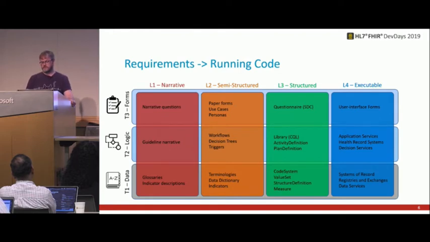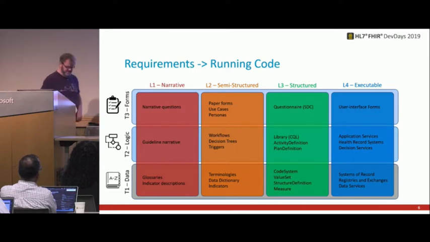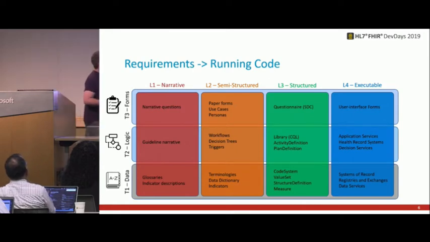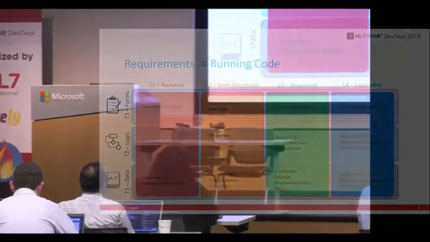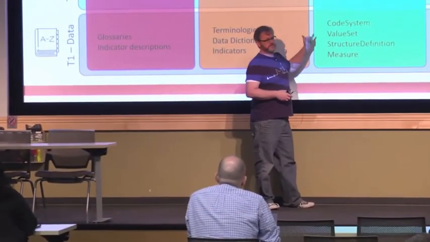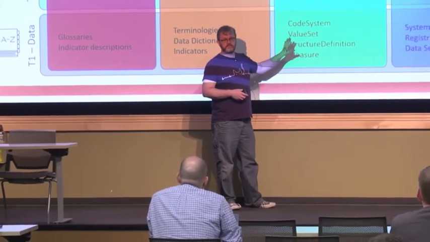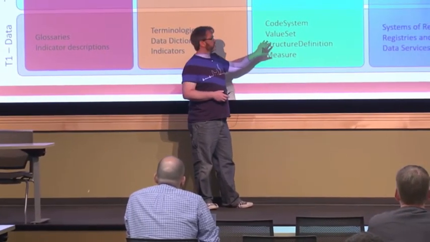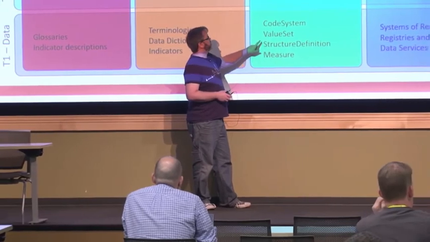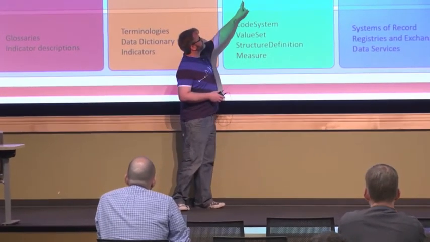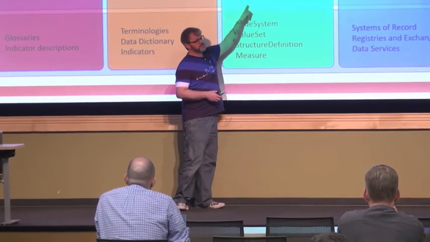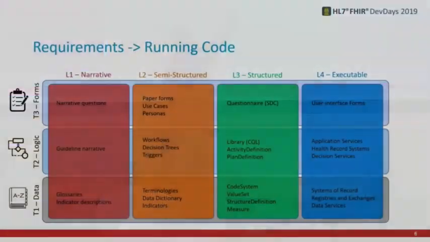And two, you're not seeing my mouse. Got it. That makes sense then. Let me walk over here. We're talking about these two. We want the profiles, the terminologies, what the data looks like in order to get a valid evaluation, and we're talking about this one: library, CQL, activity definition, and plan definition.